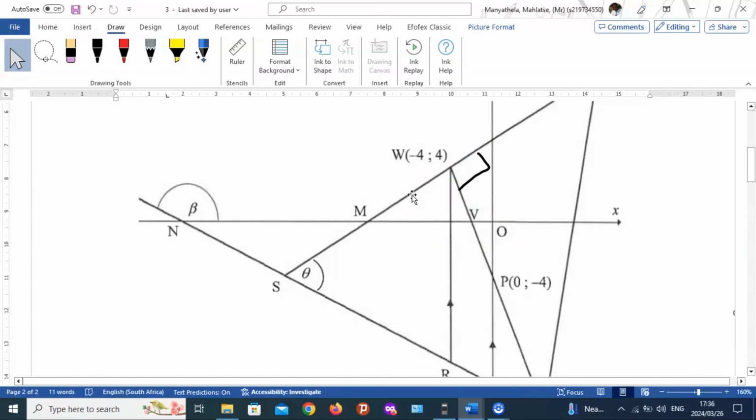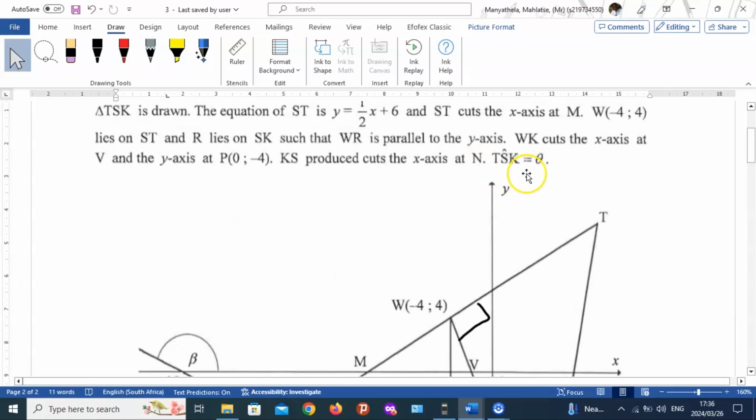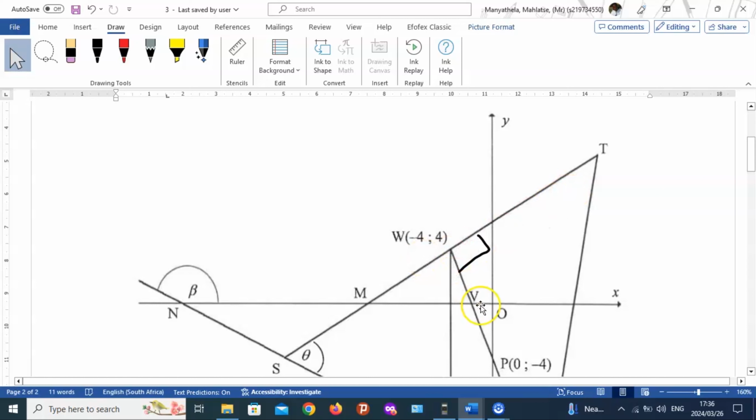So how are we going to show that angle TWV, or angle MWV, is equal to 90 degrees?